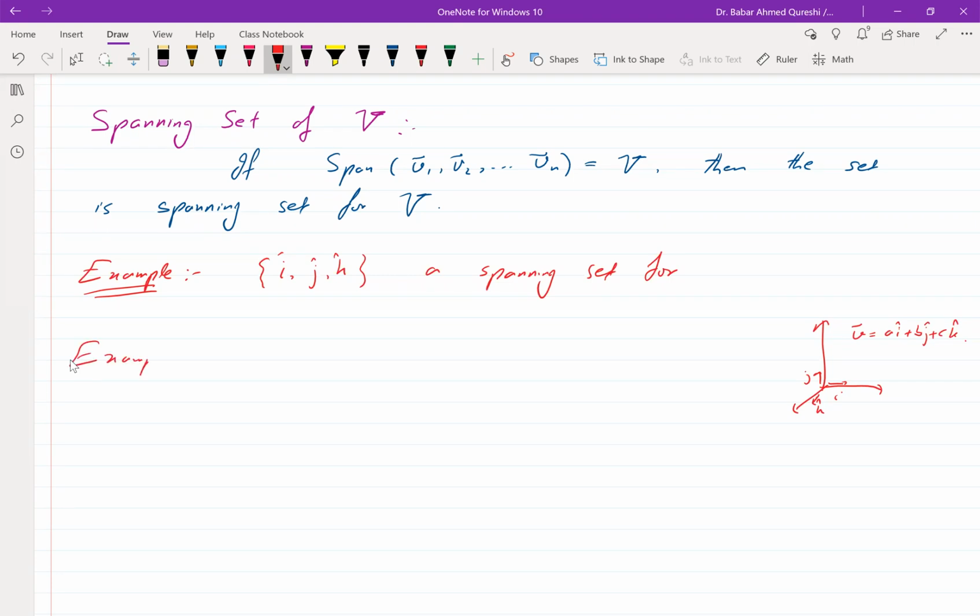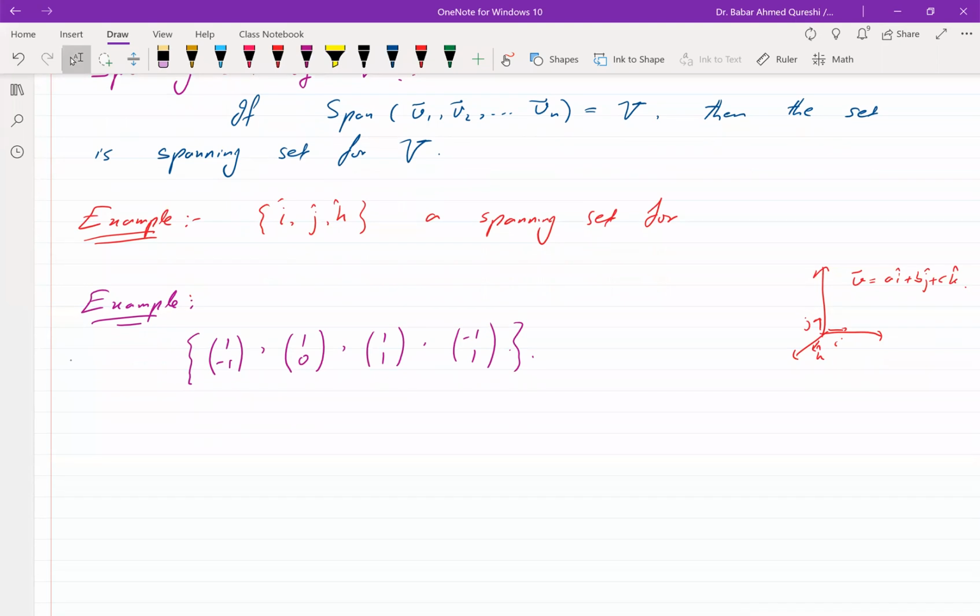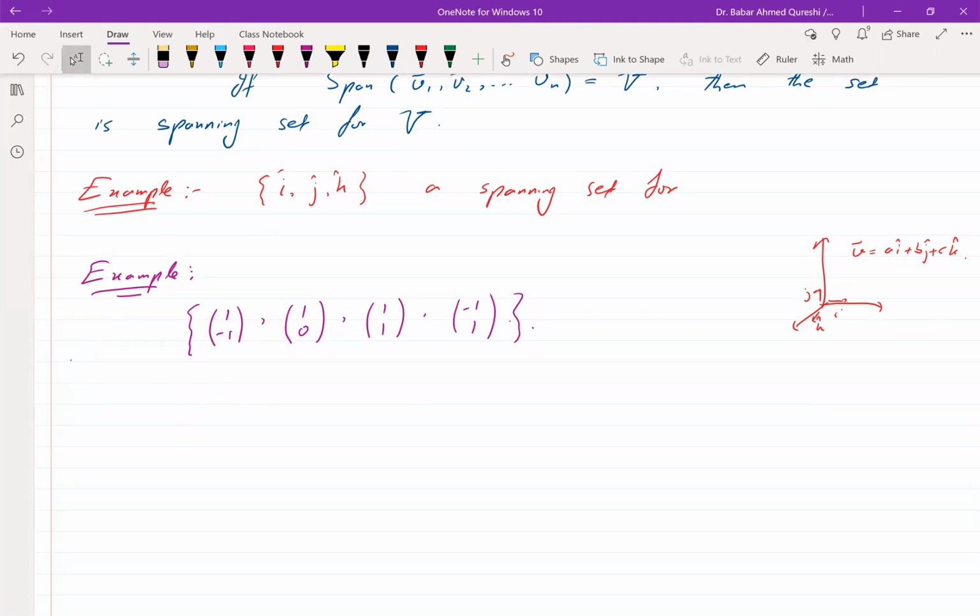Another example, well, let's consider this example. Consider this set. The question is, is this a spanning set for R2?